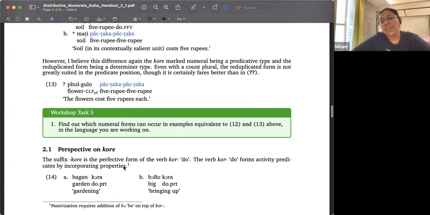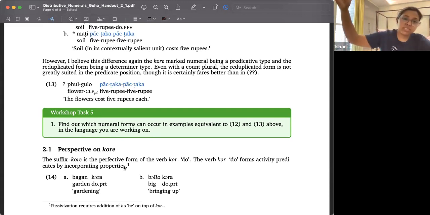So you can think about that. And also, it would be useful to see whether the strategies that you're using to form the distributive numerals are used elsewhere in the language and what kind of work they are doing in those places. That's something useful to see.